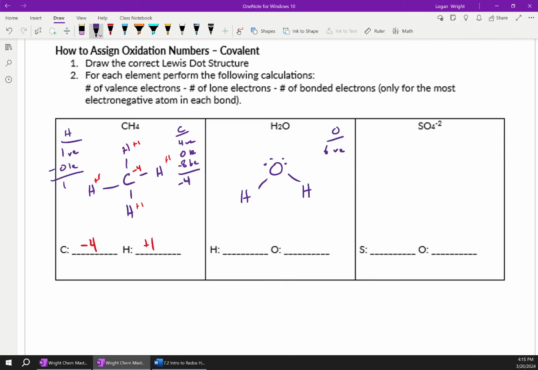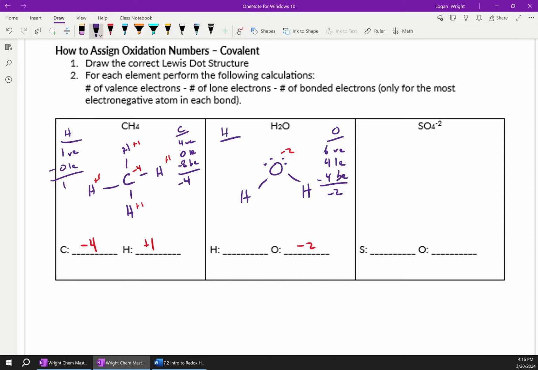It has 1, 2, 3, 4 lone electrons. And then what is the most electronegative? Well, the most electronegative goes in the middle, so it's pretty much always going to be the center one. But oxygen is more electronegative than hydrogen, so I need to subtract 1, 2, 3, 4 bonded electrons. 6 minus 4 is 2, minus another 4 is negative 2. So the oxidation number for oxygen is negative 2.